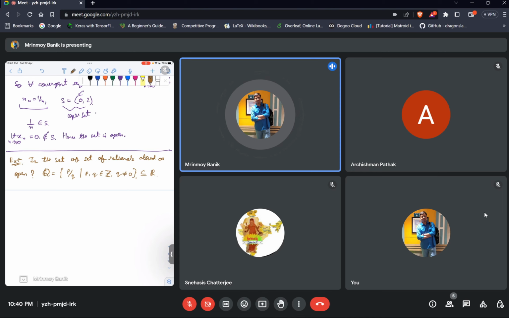If you think of any rational number, say 1 by 2, there are infinitely many real numbers exactly around half. No matter how small a ball you consider, there would always be irrational numbers around half in any ball you get.